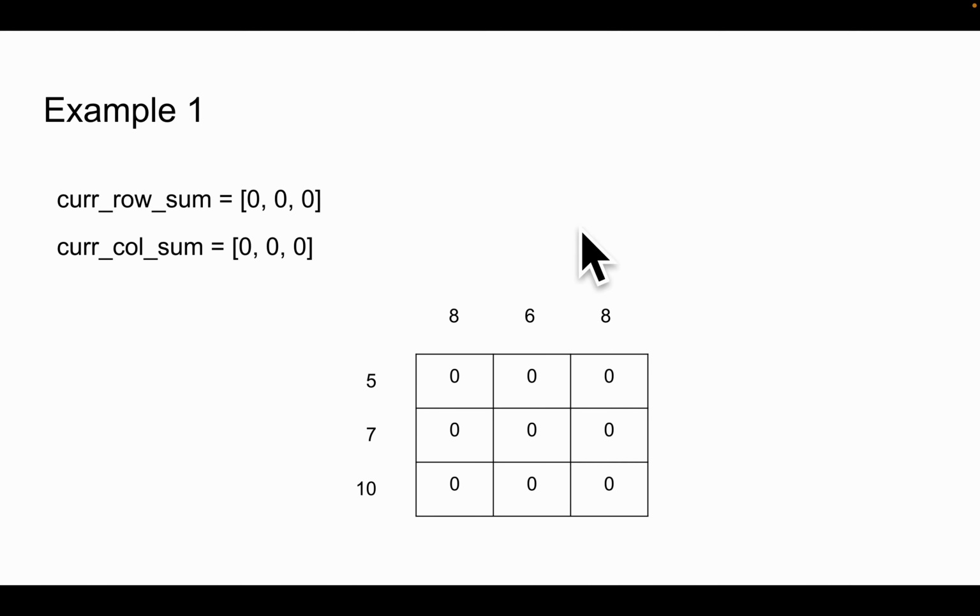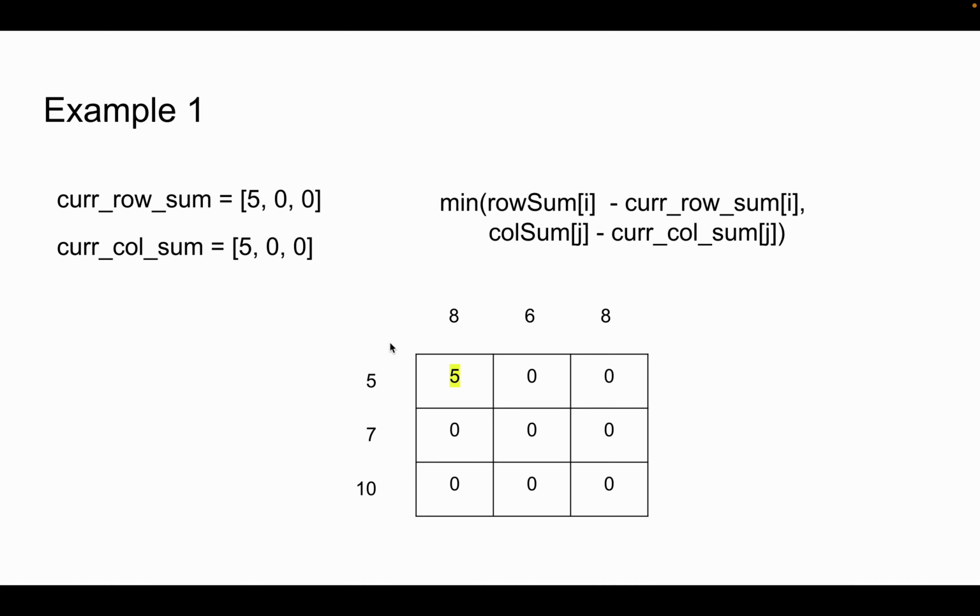So in order to do this question, I initialize the current row sum and the current column sum to keep track of how many items we have already put in. So let's say we put 5 here already, right? So the current row sum will be 5, and the current column sum will also be 5. And then the algorithm of how we decide what to put in there is using this.